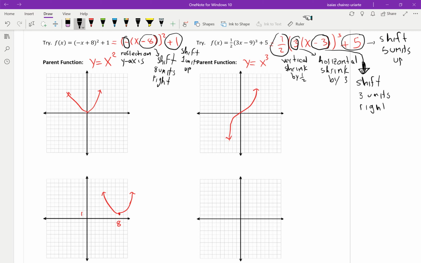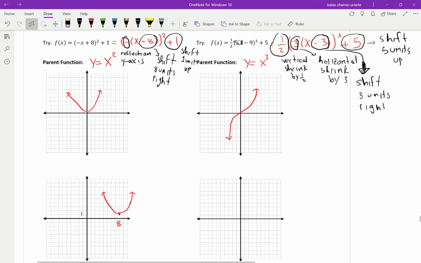So we have 4 transformations: 2 shrinks and 2 shifts. The thing to keep in mind here is that we factored out this 3 from these 2 terms in order to get the correct transformations. So be careful with that.